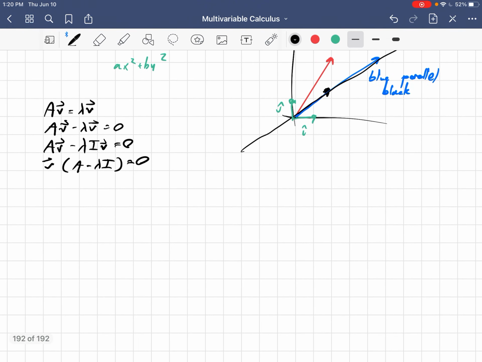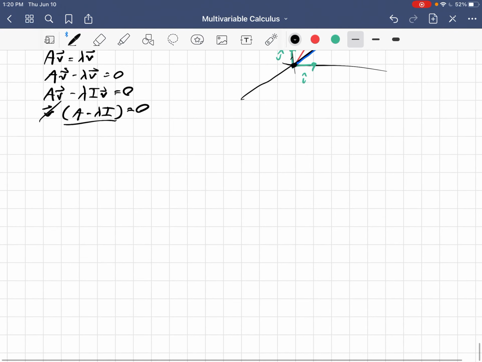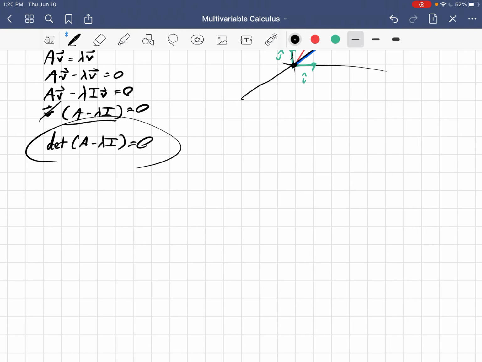Of course, if the original vector is 0, then any zero vector is an eigenvector, but that's a trivial case, so let's ignore that. For nonzero v, the determinant of A minus lambda I must equal 0.